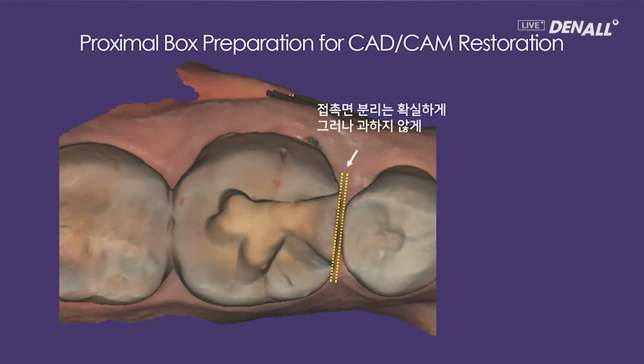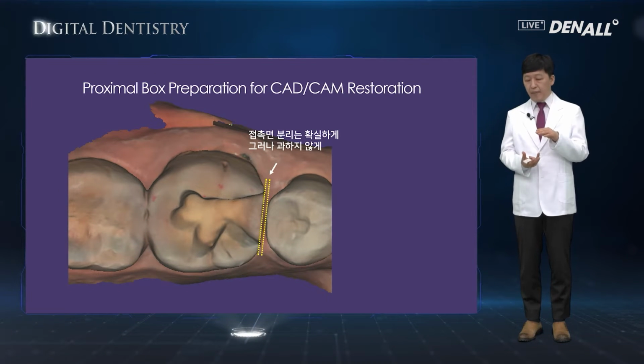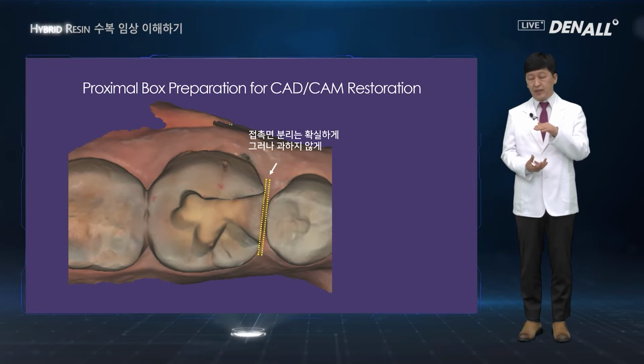When you make proximal box, the separation of contact surface needs to be made thoroughly to get good scan. If you do the separation excessively, inlay can fracture due to occlusal force if it is not supported by tooth structure.